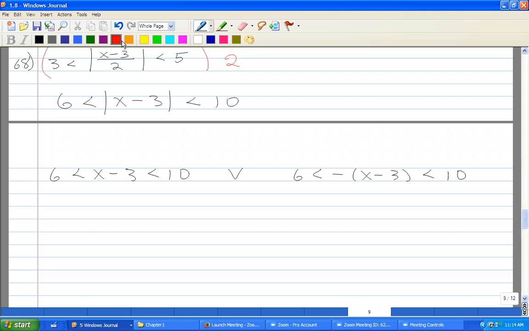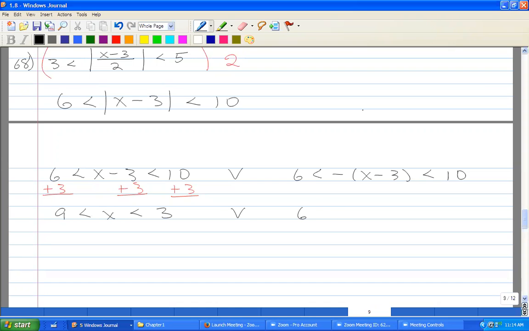Let me add 3 to every side of my inequality. And so I have that x is between 9 and 13, or, well, let's see.